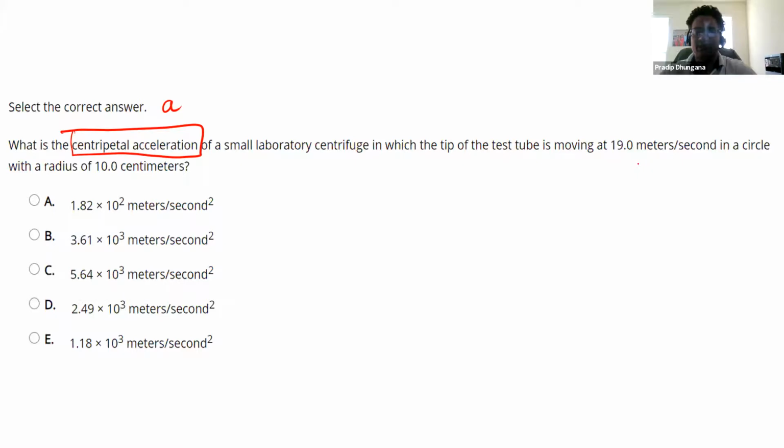So we do have velocity here. The magnitude of velocity is 19 meters per second. Radius is 10 centimeters.